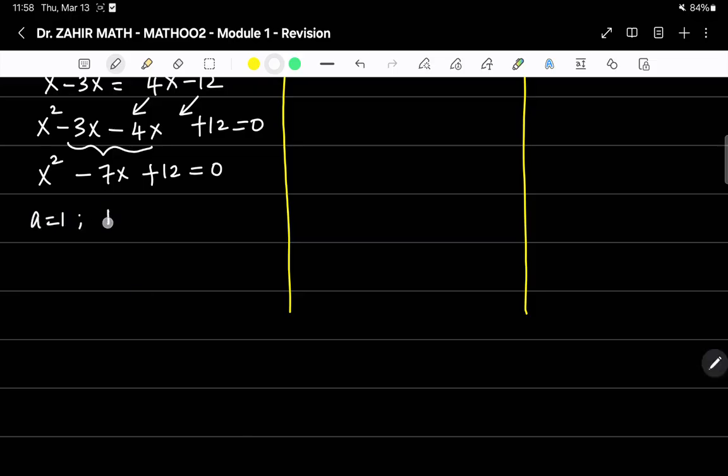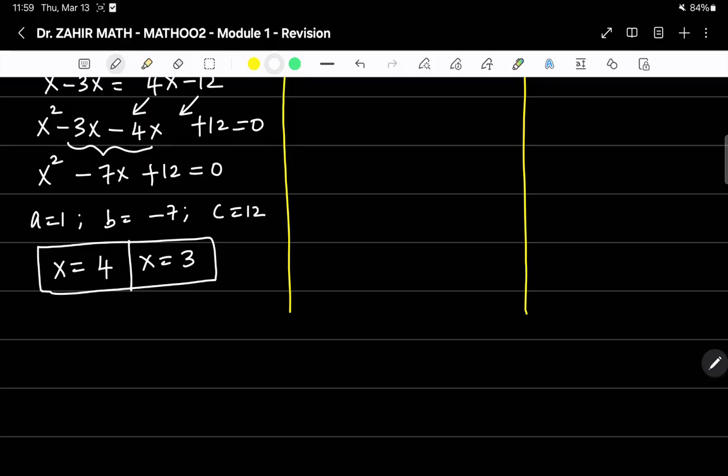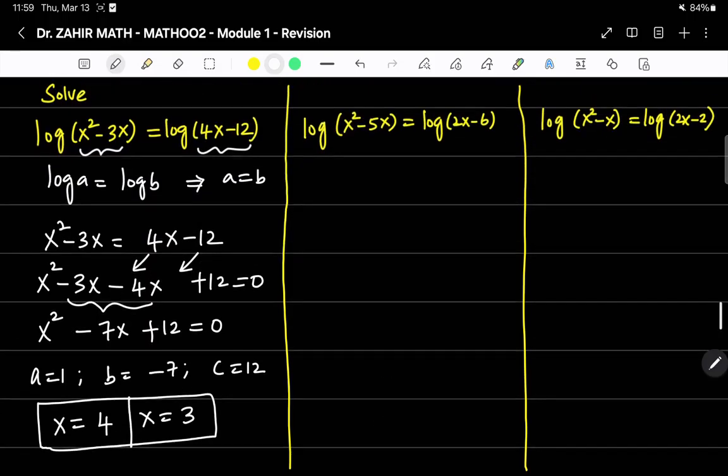A is 1, B is −7 and C is 12, which gives the answers 4 and 3. So x = 4 and x = 3. One small extra work you have to do here. Keep it in mind; I'll come back to it later. Just wait.